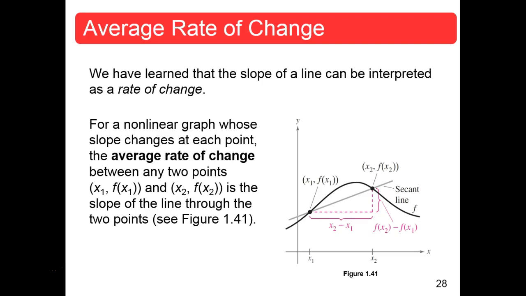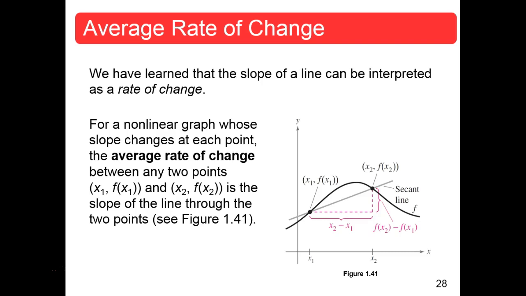The average rate of change between x1 here and x2, that's increasing. That'll be a positive average rate of change. If we had brought the x2 in to here, that would be a greater average rate of change. If we move it on further here, it would be a lesser average rate of change. And if we took it here, the average rate of change could now be decreasing. So it varies with what 2 points you choose.